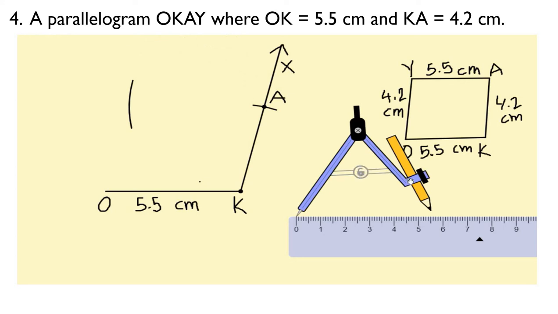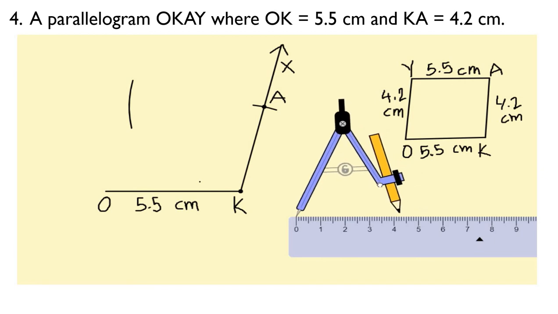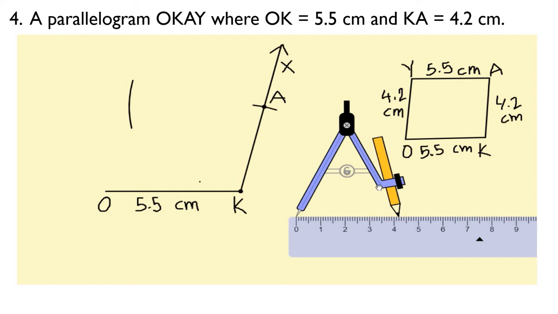And the last measurement, that is 4.2 centimeter. So again we select the radius as 4.2 centimeter with the help of compass and scale.